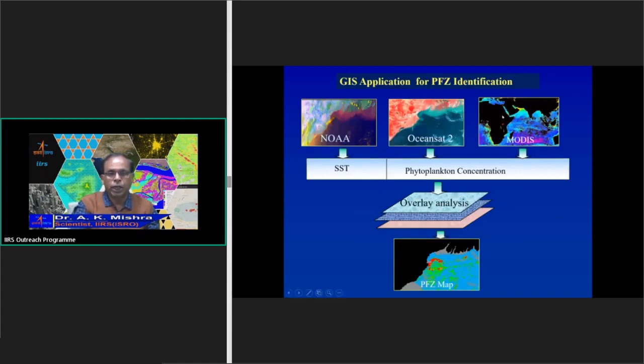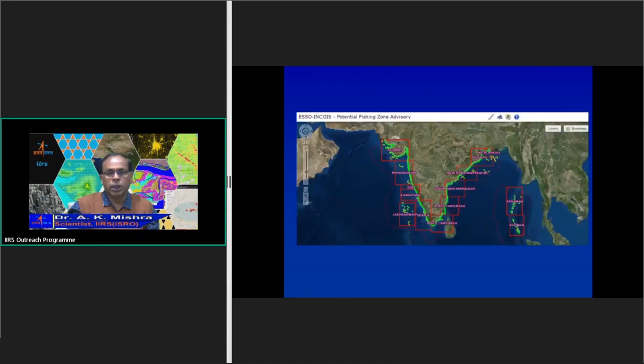You can take the ocean color data, and you can take the thermal data, and over the GIS platform we can find out the fronts, etc. So INCOIS, Indian National Centre for Ocean Information Services, they are providing the potential fishing zone information to different state governments and NGOs, and later on these are transmitted to the fishing community.